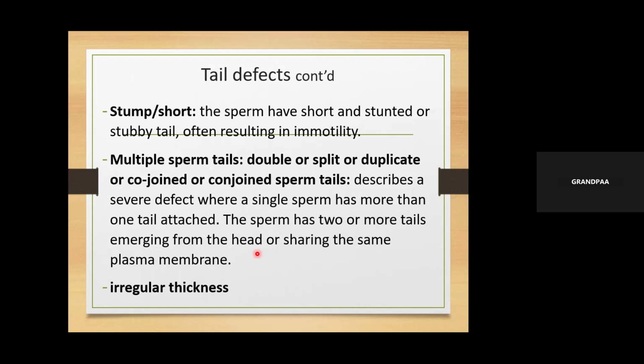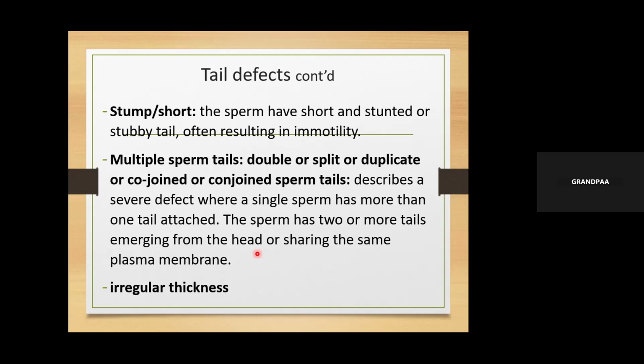The sperm has two or more tails emerging from the head or sharing the same plasma membrane. Remember, we said that the plasma membrane or the cell membrane of the original round cell is what is also covering the entirety of the sperm from the head to the tail area.